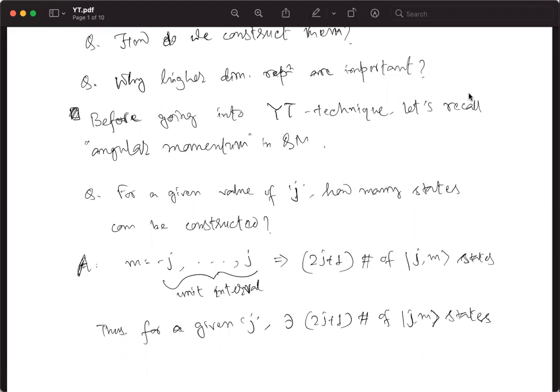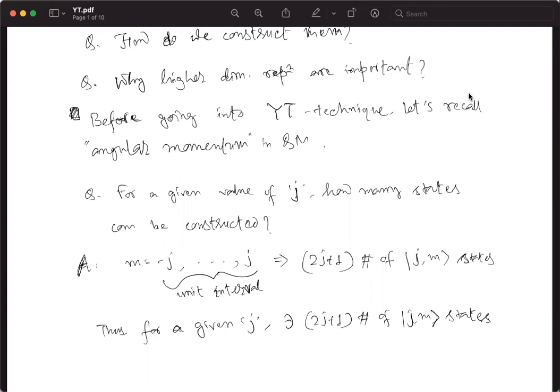So the question is, for a given value of J, how many states can we write down? We know that M is nothing but a projection of J with unit interval, so M goes from minus J to plus J with unit interval. Whether it includes 0 or not depends on the value of J. If J is an integer, 0 is included. If J is a half integer, then 0 is not included.